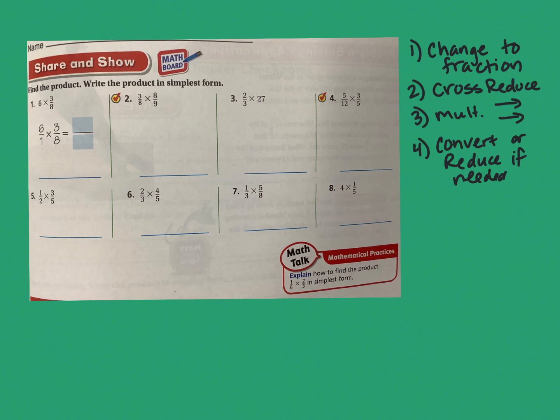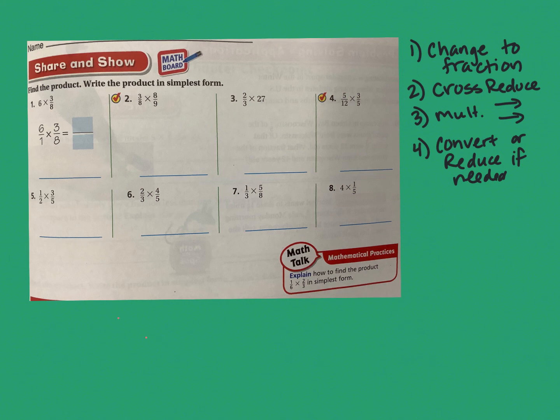So I can look at my crossed numbers that I'm about to multiply and see, is there a number that can divide evenly into both of those, basically reducing them down or simplifying them down. Nothing other than 1 divides evenly into 1 and 3, so no, I can't do it there. But here, take a look, 6 and 8. They're both even, so 2 divides evenly into both 6 and 8.